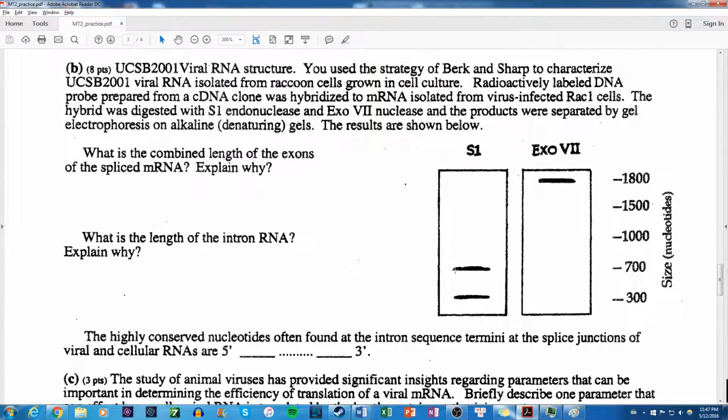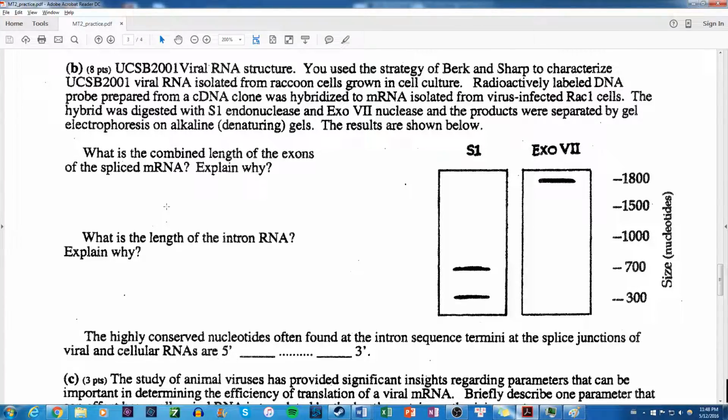Another way of thinking of that is 700 nucleotides of exon and 300 nucleotides of exon. So that's why: the data from the S1 gel implies the length of your exons because it only cuts mRNA.